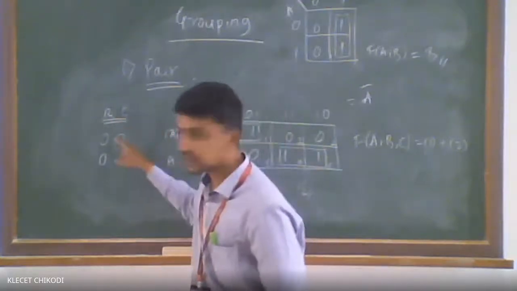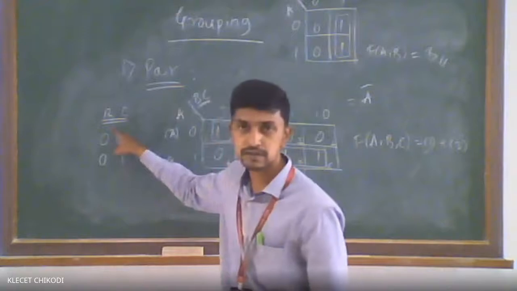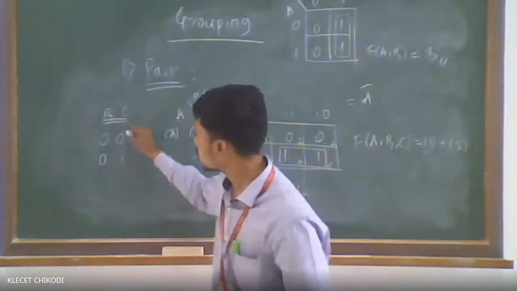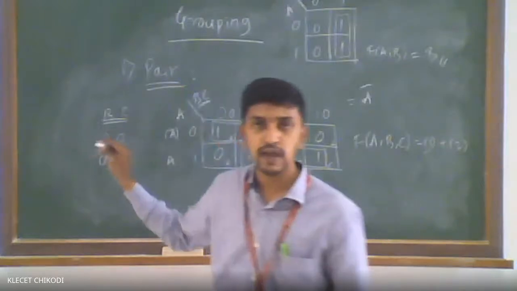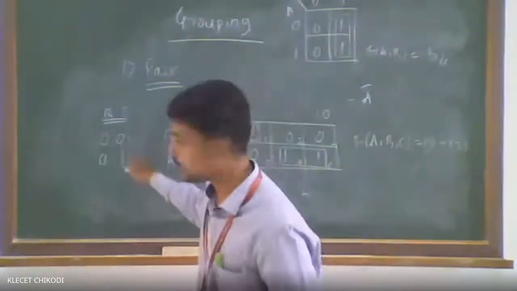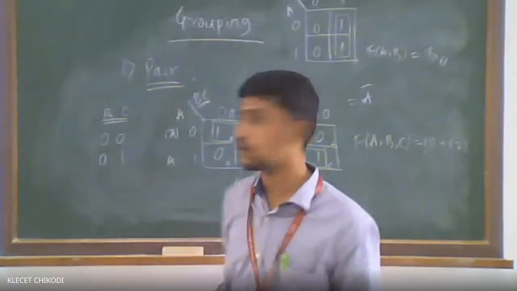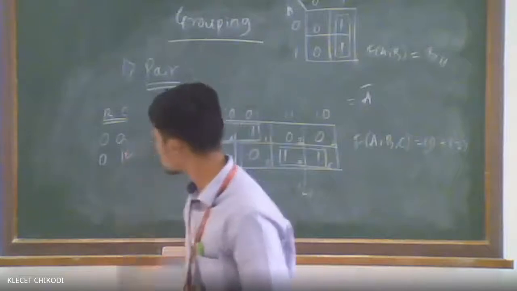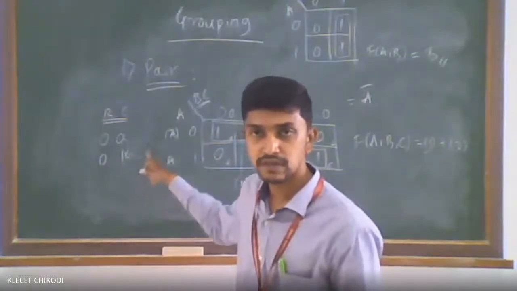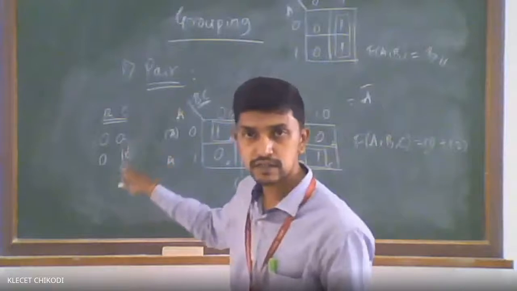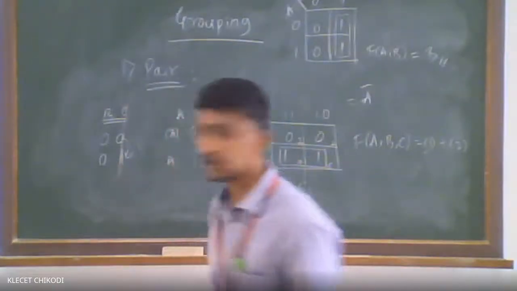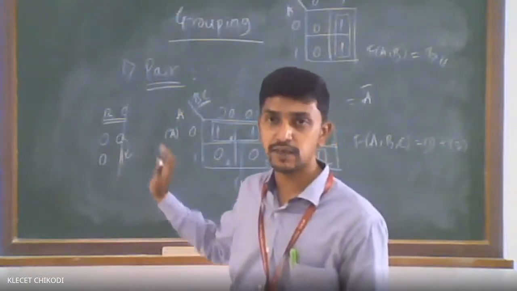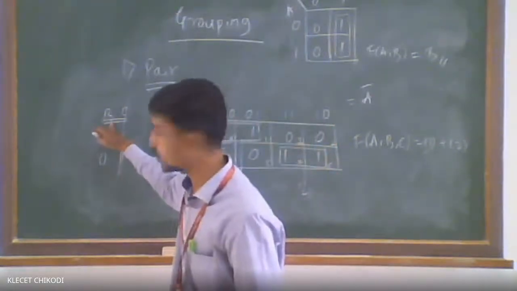Now from these two variables, you have to consider only the variable which has not changed its value. If you see that there is a transition from 0 to 1 here, then since there is a transition, we will not consider that C variable. Then we are left with only the B variable.